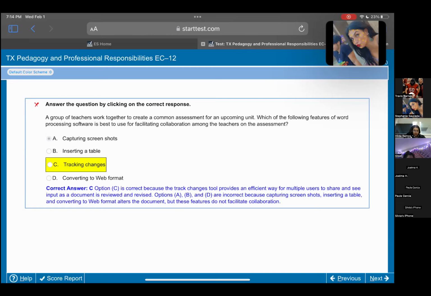So right away, what came into my mind as I was reading this question and this scenario is Google Drive, the Google platform, because that was the first platform where I did collaborate with colleagues and even with students. That was what was great with using Google Docs with my students and their essays and peer editing, is that if students edited things or made comments or made changes, those changes were tracked and you could identify who made this change.